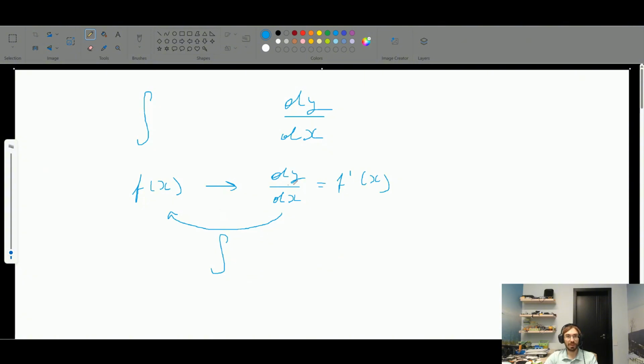So integration is the opposite action to taking a derivative, and that's the first thing that you need to know about integrals.